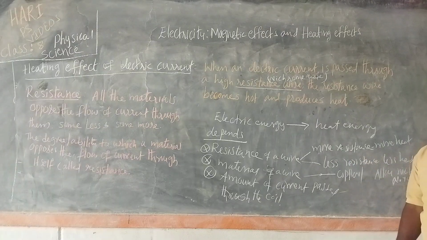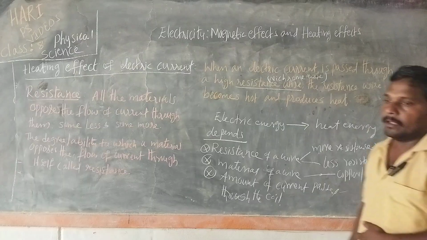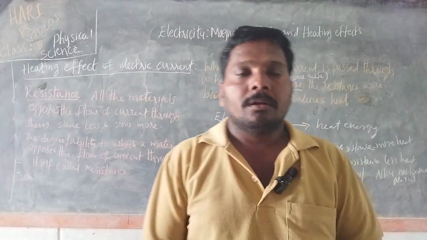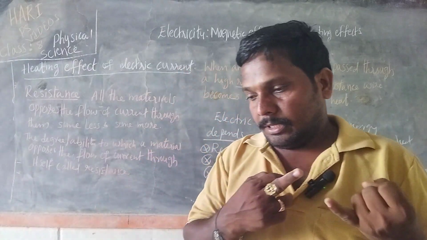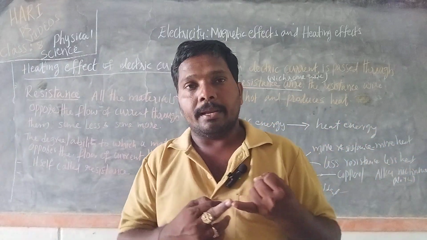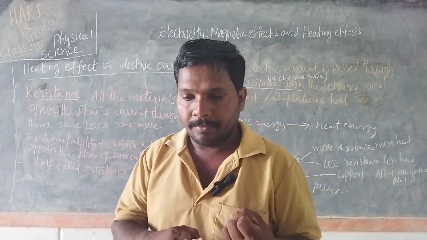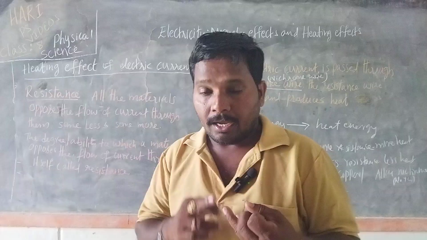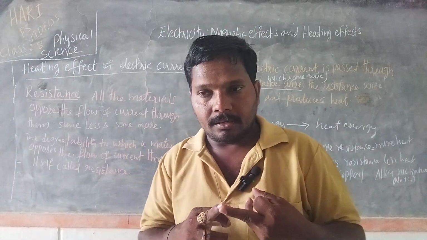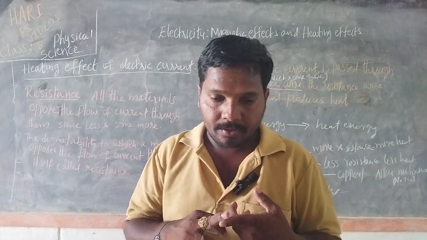Next class session we will discuss the applications of the heating effect in our daily life. What are the applications we have? Electric heating appliances like electric iron, electric heater, electric bulb and electric fuse.